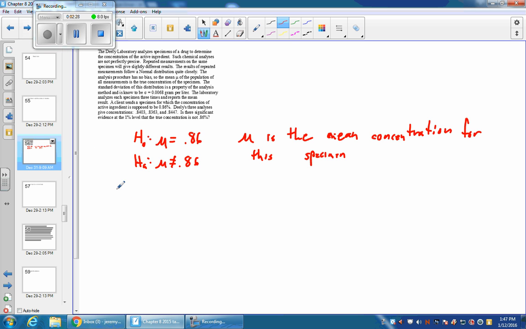Now, our next part is our conditions. For our conditions, we have SRS, we have independence, and random and normality. So does the data come from a random sample? Does it say anywhere random sample?